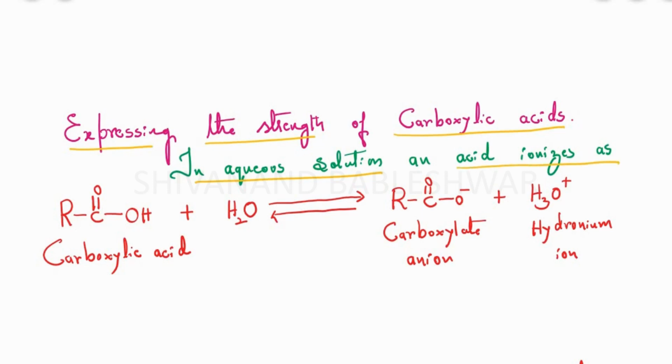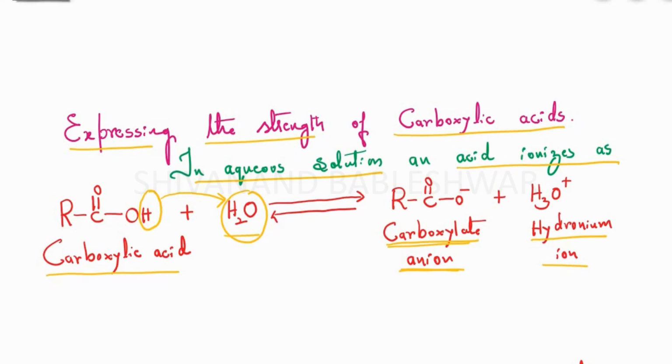We have written a single step reaction where carboxylic acid in water, that is aqueous medium, dissociates to produce a carboxylate anion. It means that this hydrogen of the carboxylic acid is given to water. As a result, we have the carboxylate anion, and the H plus received by the water molecule becomes the hydronium ion.